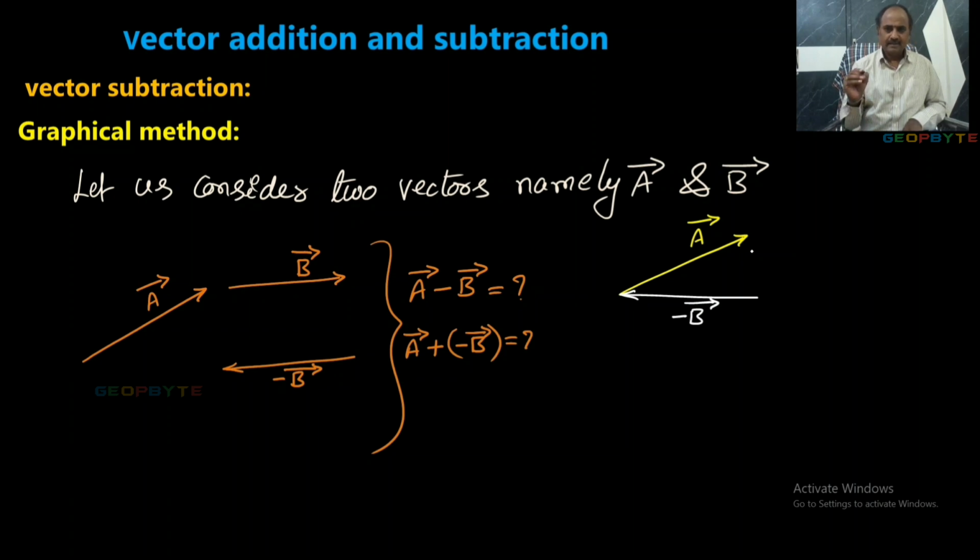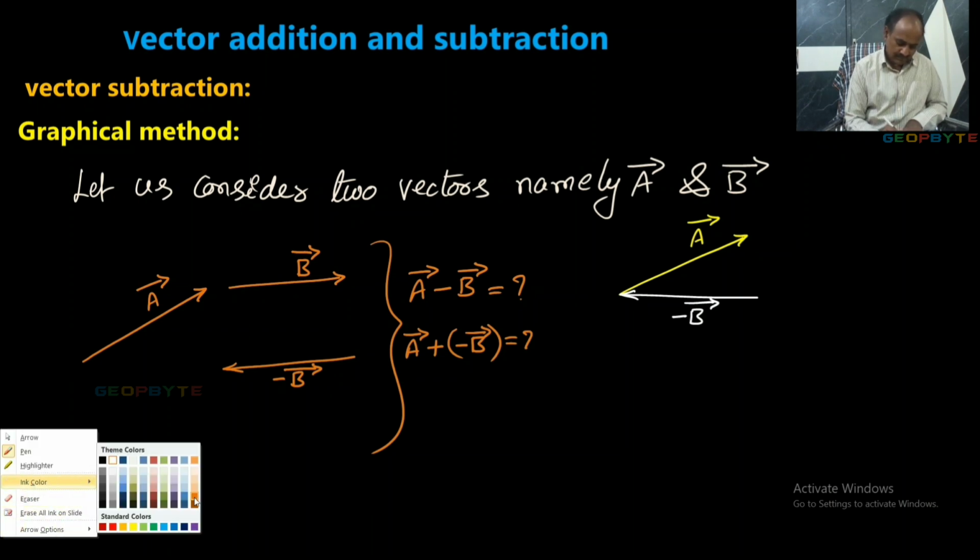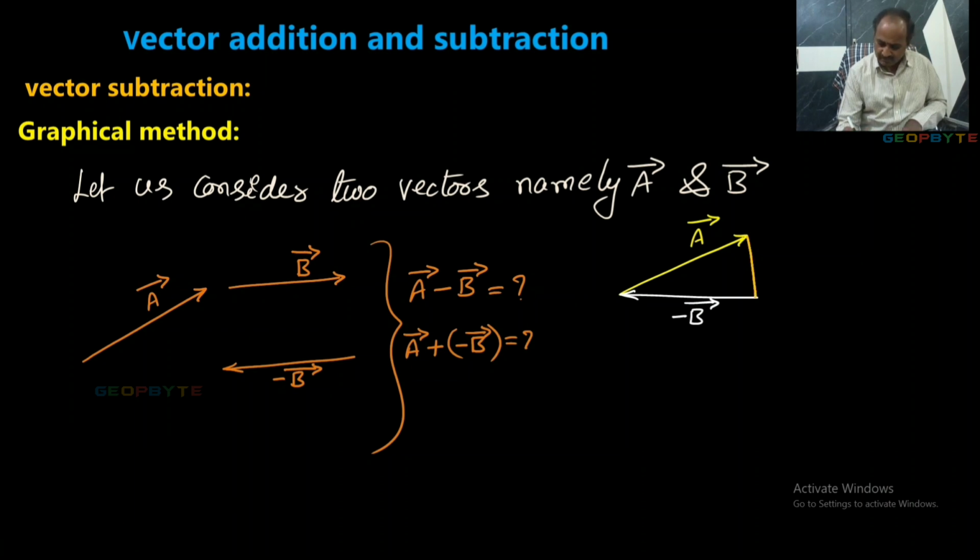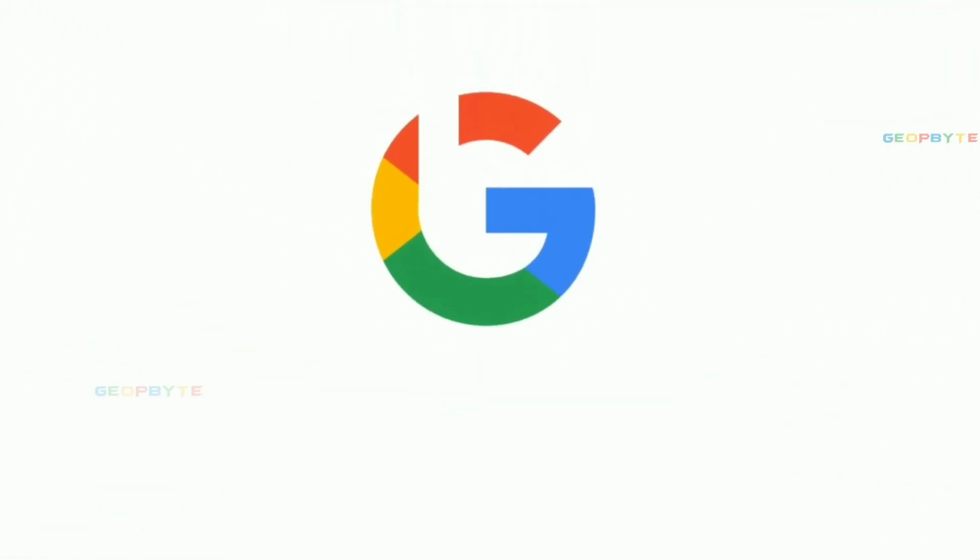Then join the tail of the negative vector b with the head of the vector a. That line joining is giving the resulting vector. This is the r bar. This r bar equals vector a plus minus vector b. I hope all of you clearly understood how to get the subtraction between the two vectors. Understood or not? Yes.